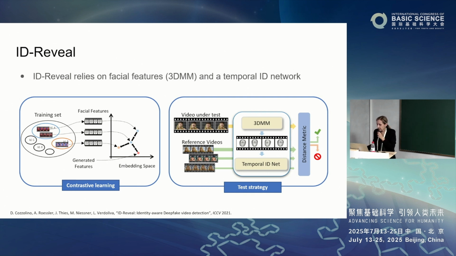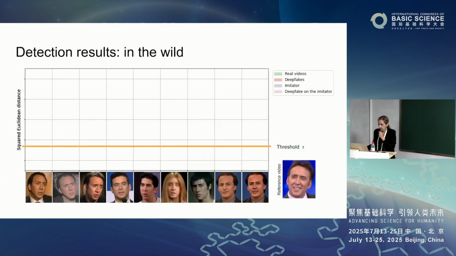And then we tested this method on some examples of deepfakes which were done on Nicolas Cage. For some reason, Nicolas Cage was an actor that everybody wanted to deepfake, so we had a lot of examples. You can see that the distance between the test real video and the collection of around 20 videos of Nicolas Cage is very small for real videos.